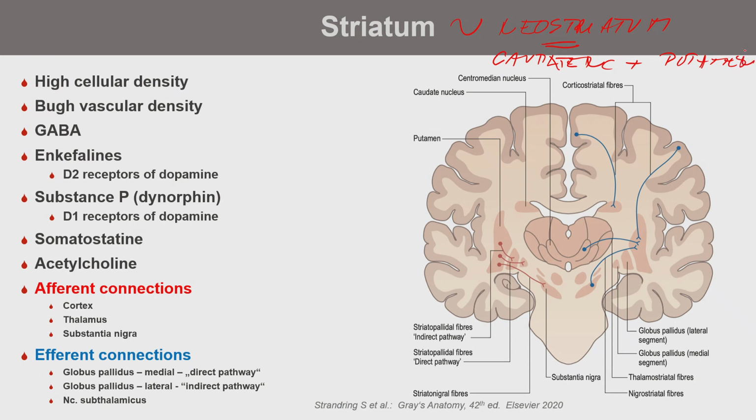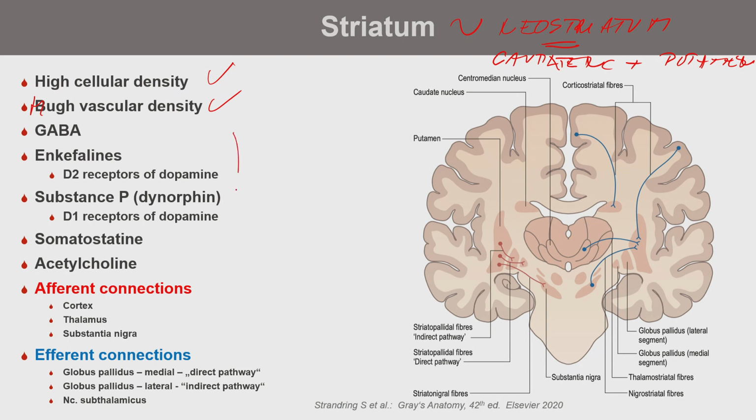They have different names, different localization, but very similar structure and very similar relay. They are highly cellular, have huge vascular density, and they typically produce GABA. So what is GABA? GABA, gamma-aminobutyric acid, is the main inhibitory neurotransmitter in the brain. So then you can derive that they have an important inhibition function for the structures to which they are related.